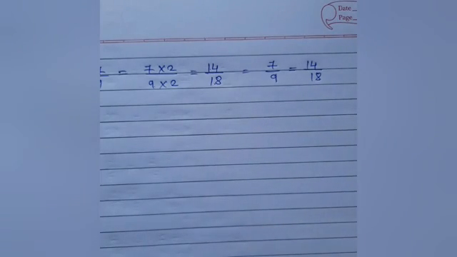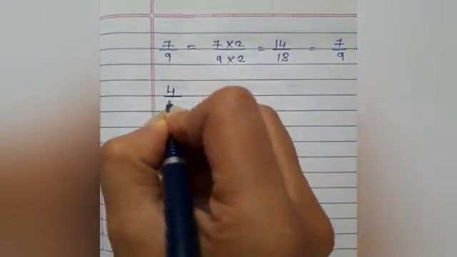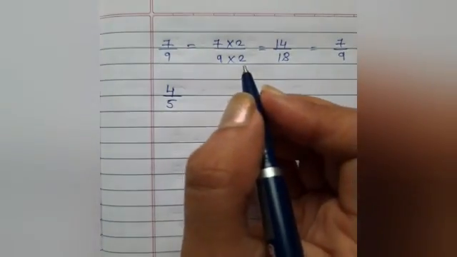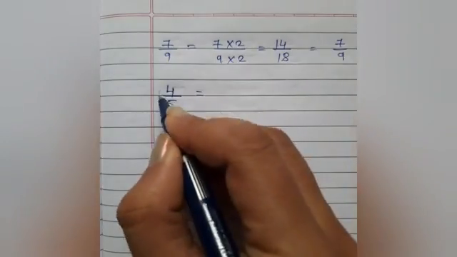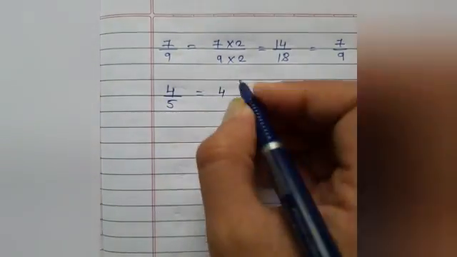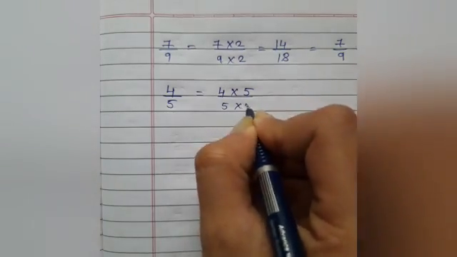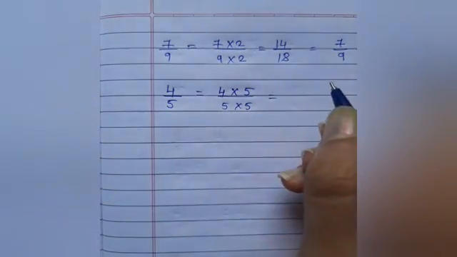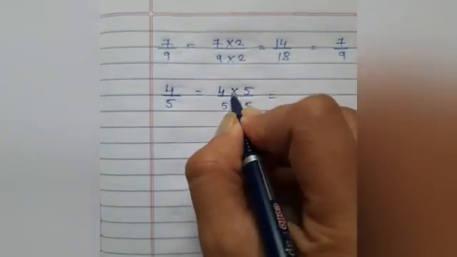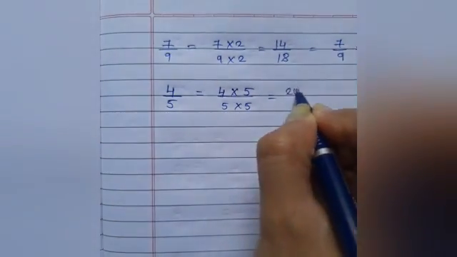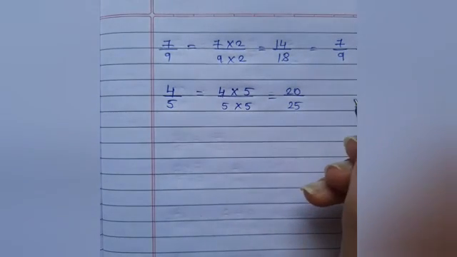Similarly, for the next question, that is 4 upon 5, suppose I consider the number 5 to be multiplied by this, then it will be 4 into 5 upon 5 into 5. So the value obtained will be 4 into 5 is 20 and 5 into 5 is 25.